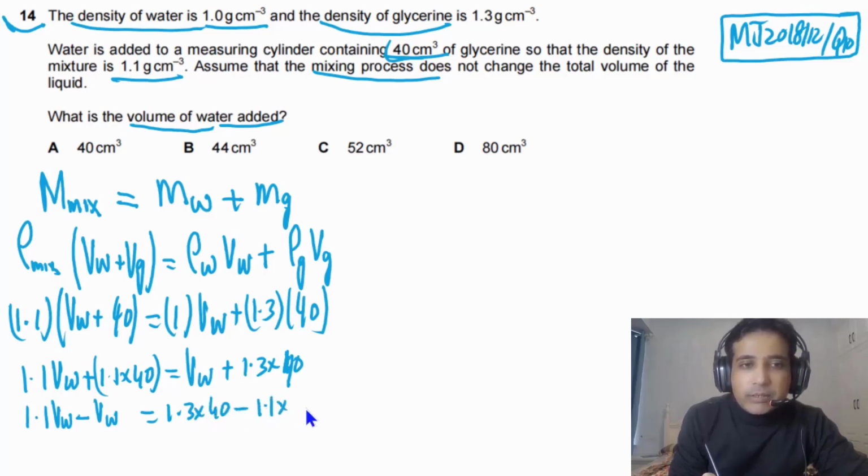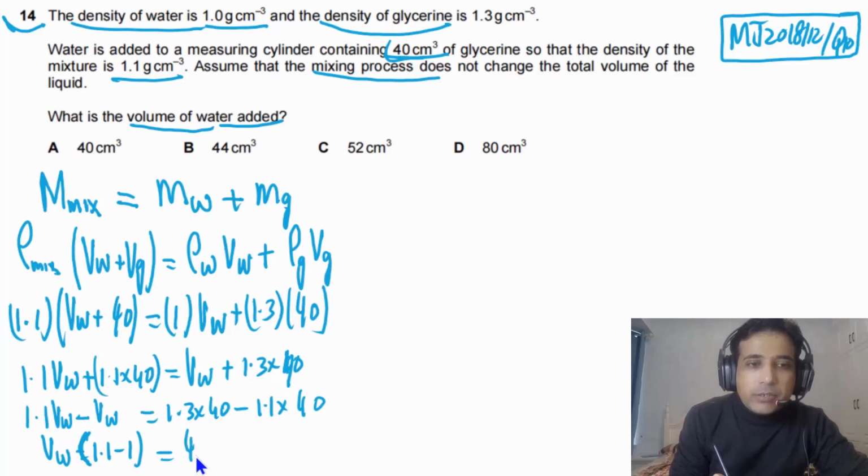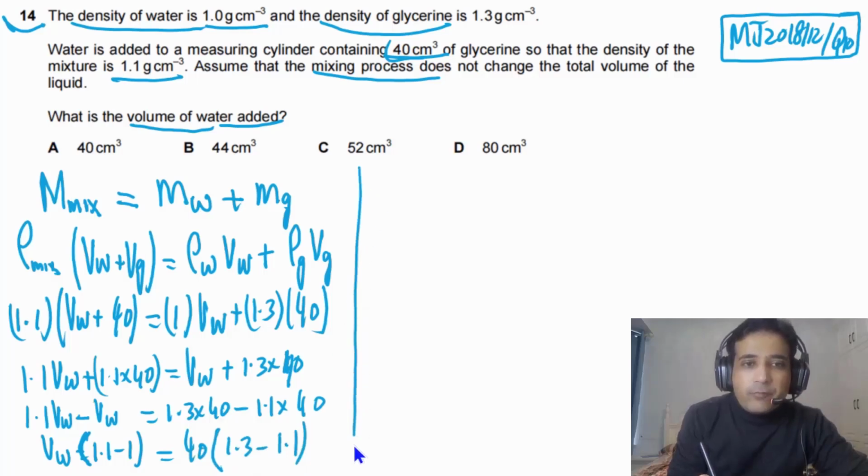From here we can take VW common. So you will get VW times (1.1 minus 1), and here you can take 40 common, so you will get 1.3 minus 1.1. Now we can further simplify and find the value of the volume of water.